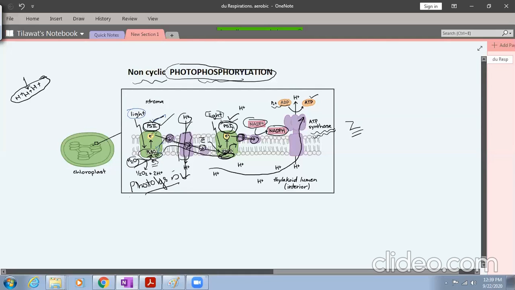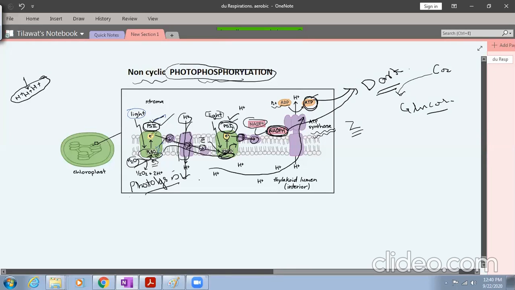Is it clear? Now the ATP and NADPH that are produced will move to the stroma, where they go forward for the dark reaction of photosynthesis. It means in the stroma they will be utilized for the fixation of carbon dioxide.